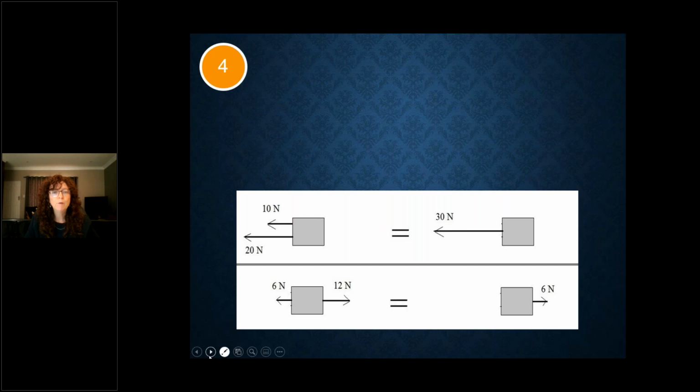All right, forces you are familiar with, all the force diagrams. This is an easy force diagram. As you can see here, you have the 10 Newton, 20 Newton to the left, and you can just add them together to have one resultant. There is a 6 Newton to the left, 12 Newton to the right, then it will be 6 Newton to the right.